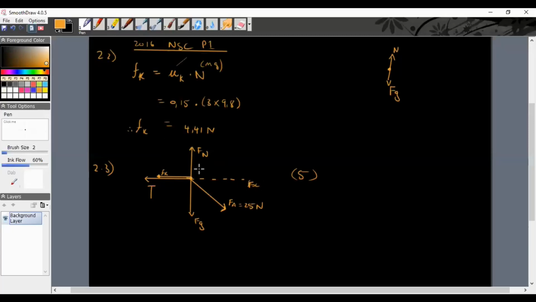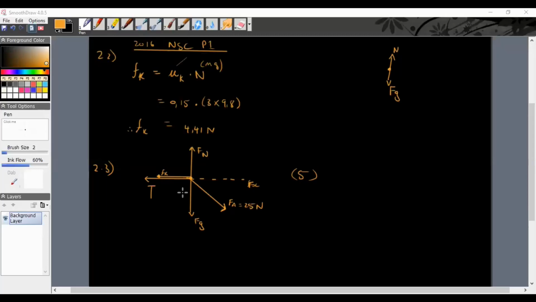But obviously, we're going for gold here, so tension would have had to be included because there's a rope or a string attached between the blocks. Okay, that was that. Also 5 marks already.